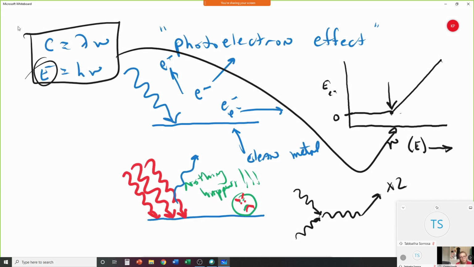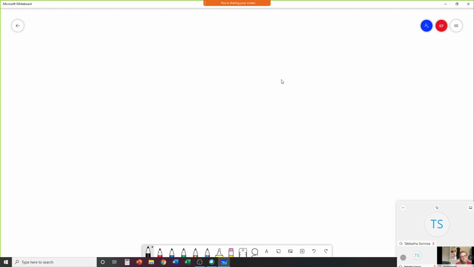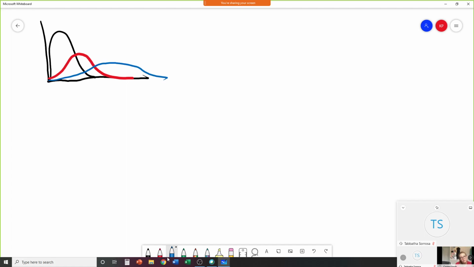Now, a little bit more history here, because all this stuff figures back on history. Remember our black body radiation. I said that depending on the temperature, you could get a different distribution, right?